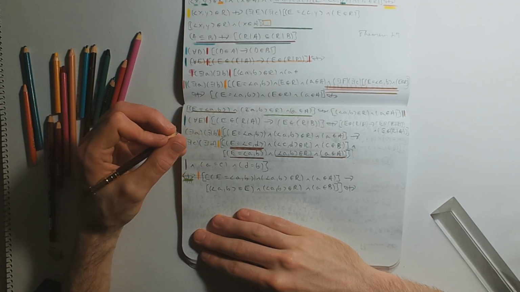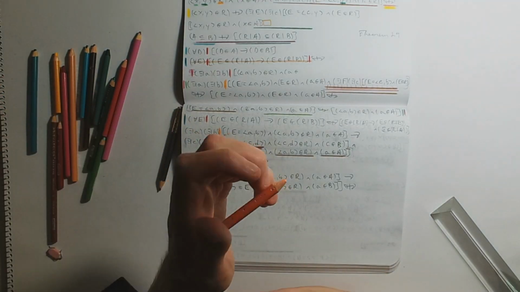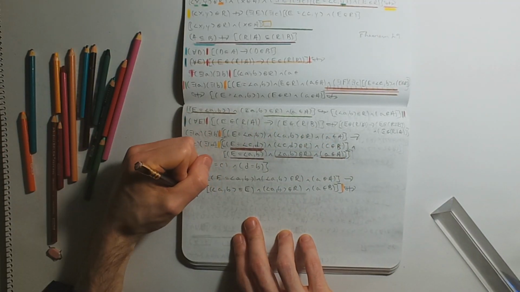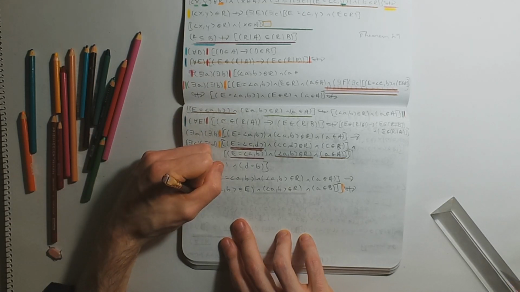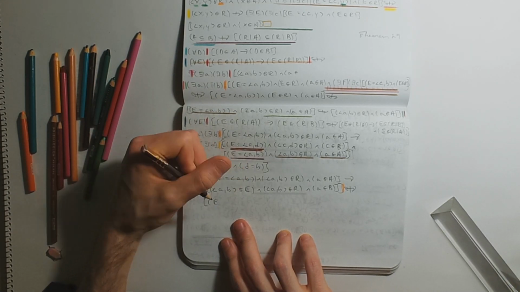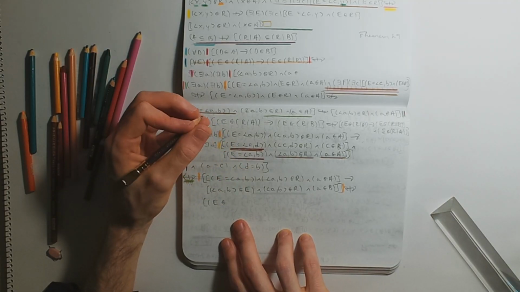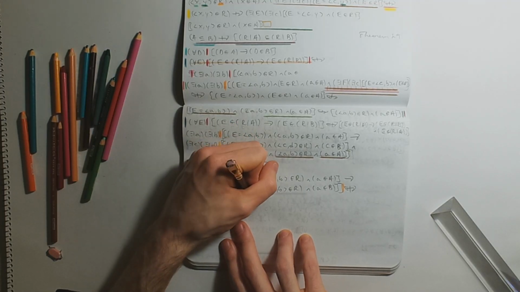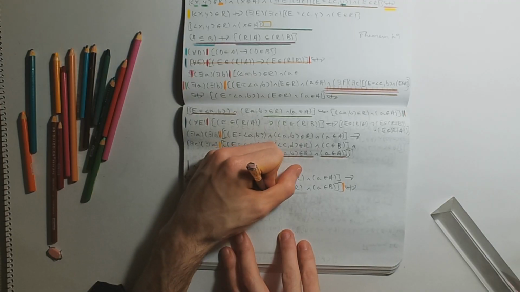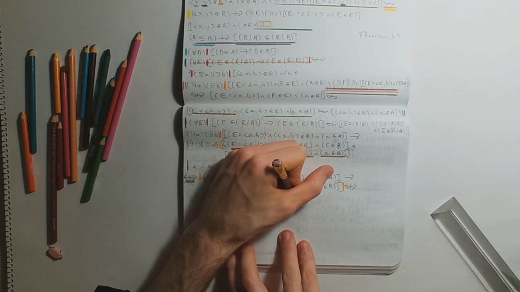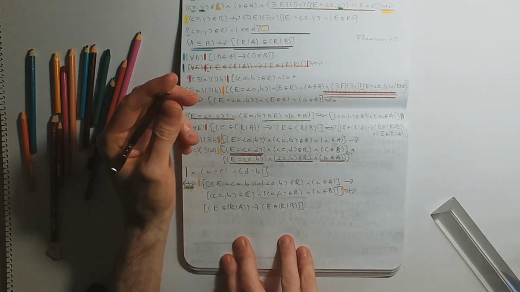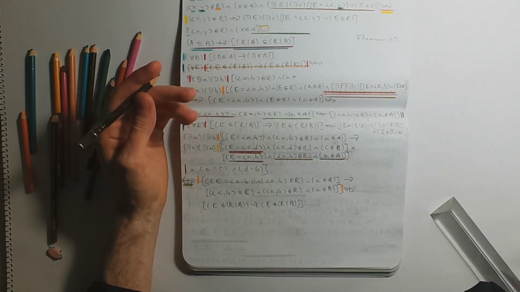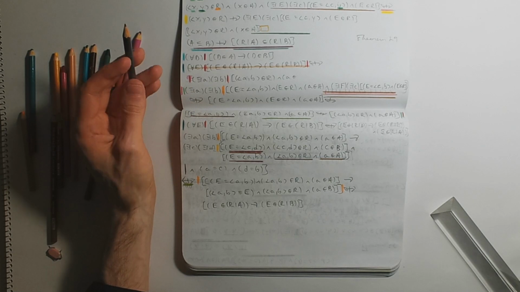Okay, but this gets us. So where does the downstep occur?